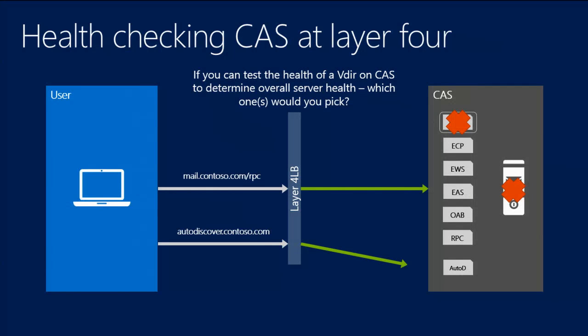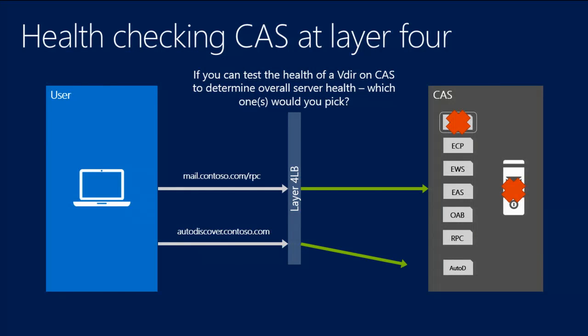Now let me throw this other little thing in there for you. Managed availability understands the health of each of these different IIS app pools, and IIS and the CAS as a whole. I call managed availability a he, but let's say it expects that this CAS is taking load for everything except OWA, because OWA is the only thing that's down.